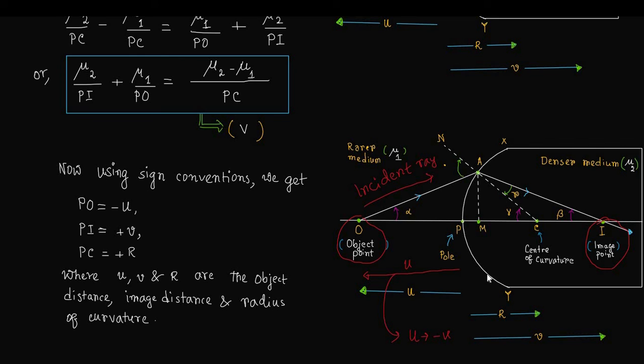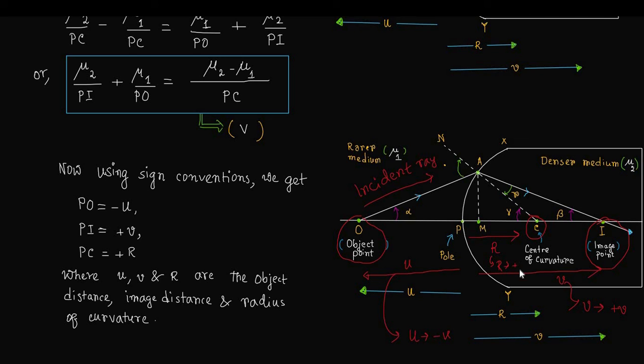Similarly, I is the real image formed in the denser medium, and this image distance V is measured in the same direction as the incident ray. That's why V is denoted by plus V. And radius of curvature R is also measured in the same direction of incident ray.